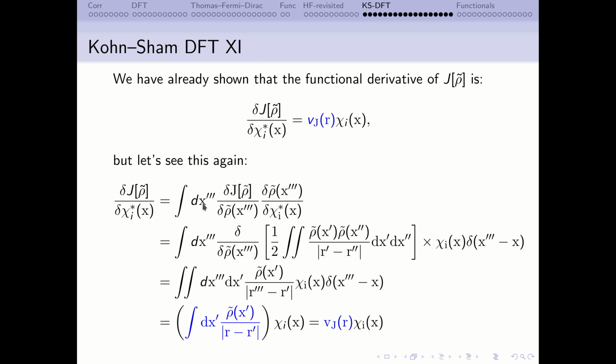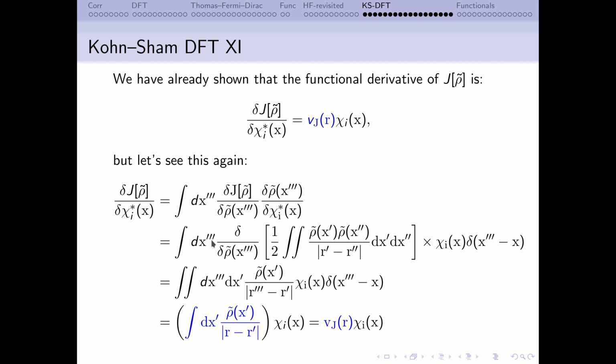So we have an integral over an auxiliary coordinate x triple prime, dJ by d rho tilde x triple prime, d rho tilde x triple prime by d chi I star x. That's simply a statement of the chain rule. We know what this last term is. It's here: chi I x times the Dirac delta function of x triple prime minus x. Okay, so that's the last term gotten rid of.